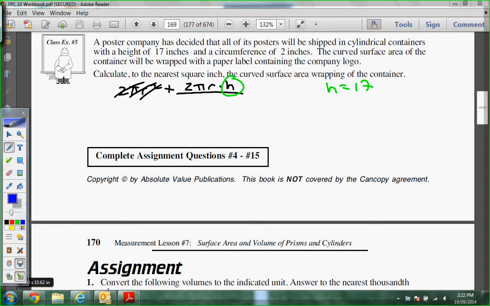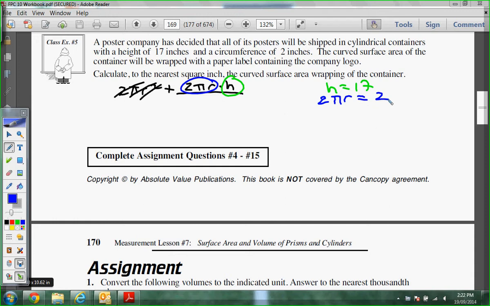Okay, now, do I need to break down and solve for r? No, that gives me the circumference, right? What does this piece represent? The circumference. 2 pi r is the circumference. So if the circumference is 2, then I can say 2 pi r equals 2.